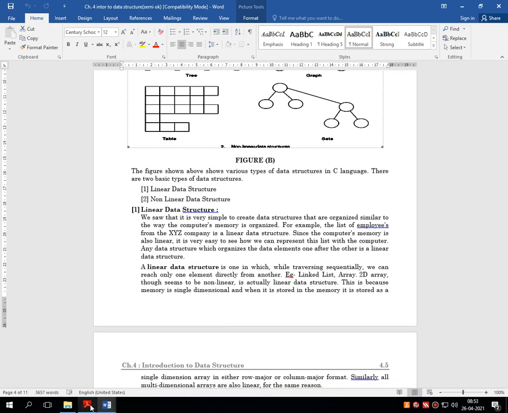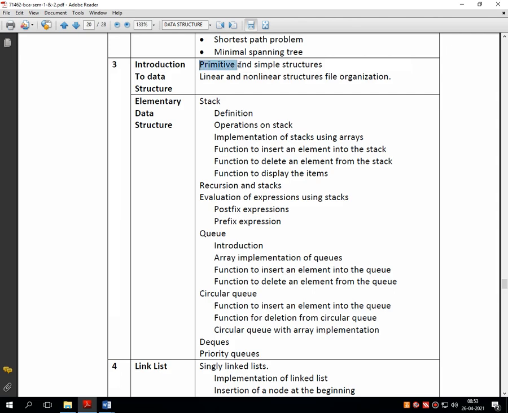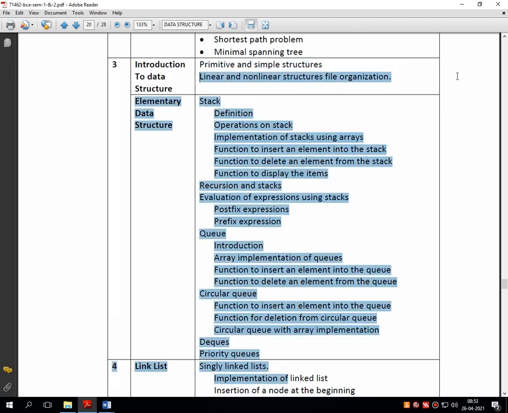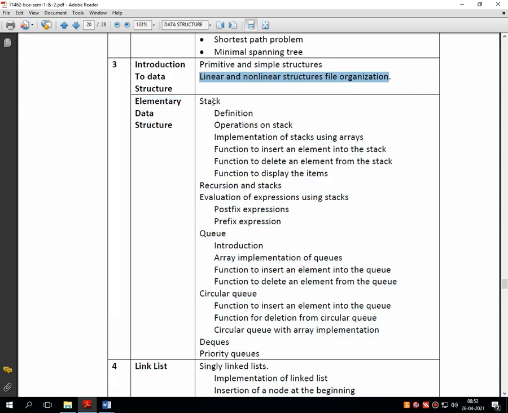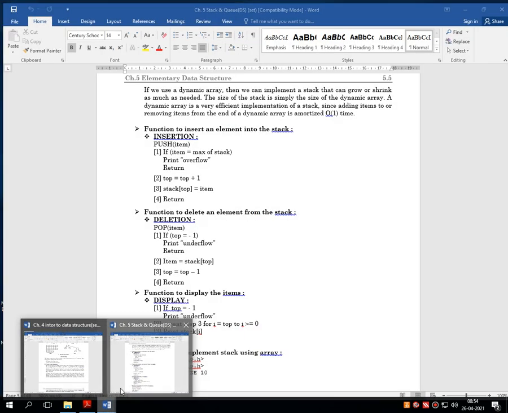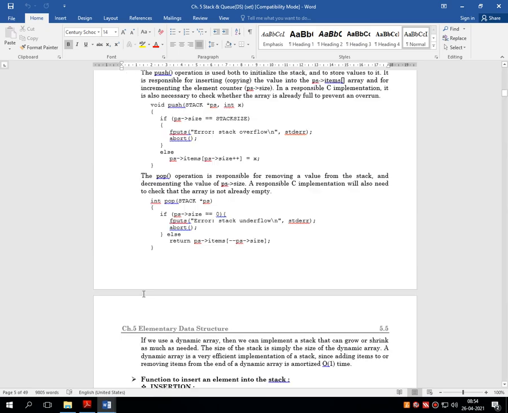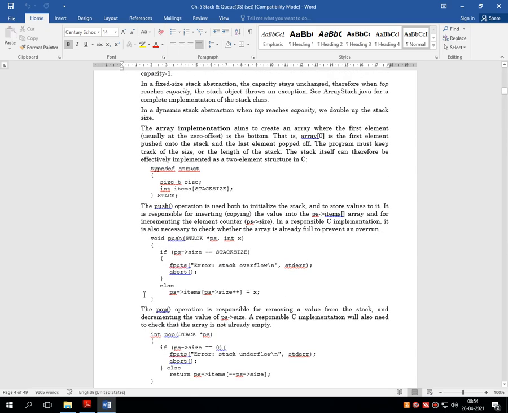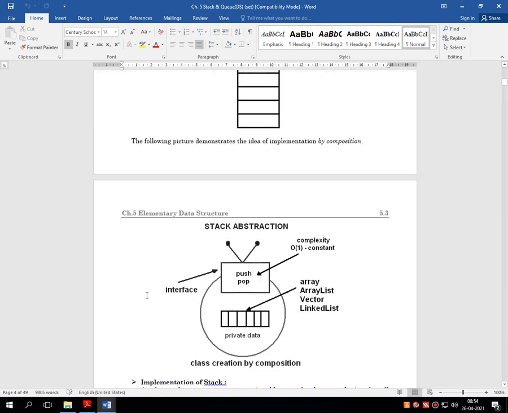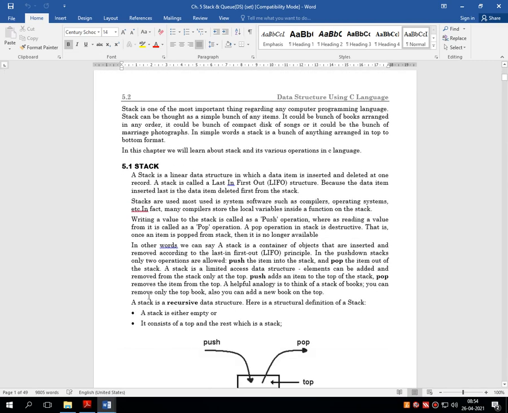So I hope there is a clear-cut distinction between linear and non-linear data structure. Now let's start with stack. First we need to go for the definition of stack.